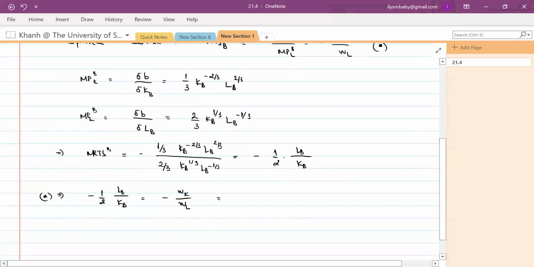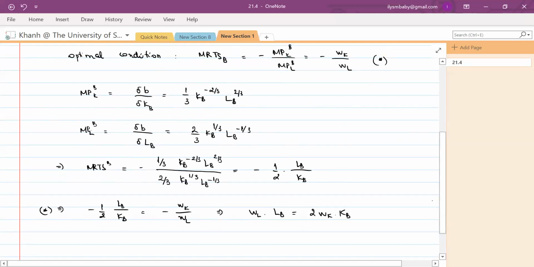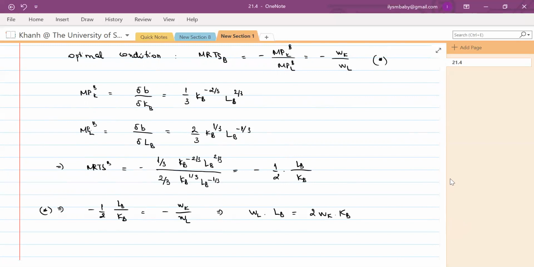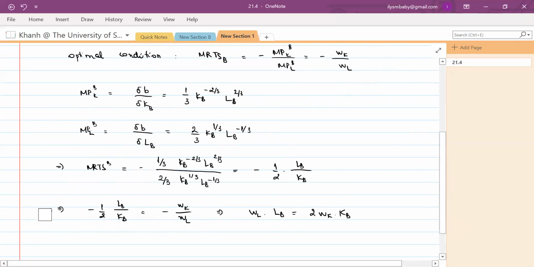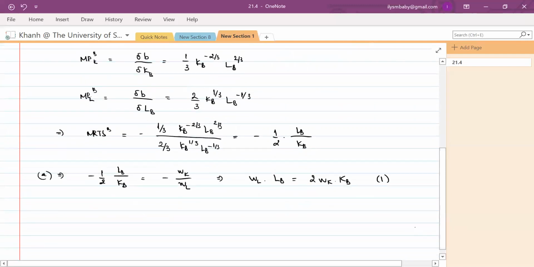If I do cross multiplication, I'll get WL times LB equal to 2 WK times KB. I'll call this the first condition.